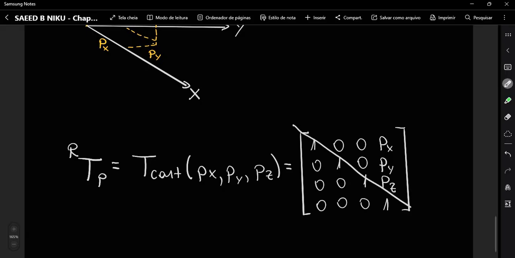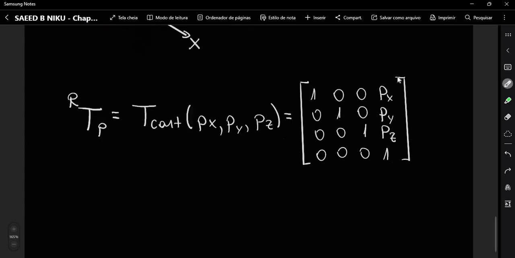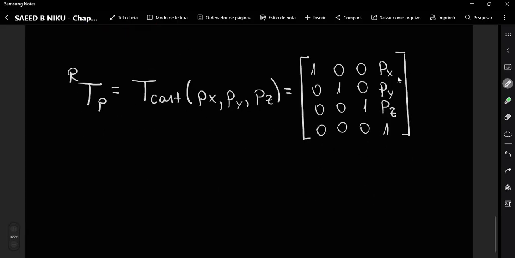It has his main diagonal filled with ones. And now working on it, the notations.